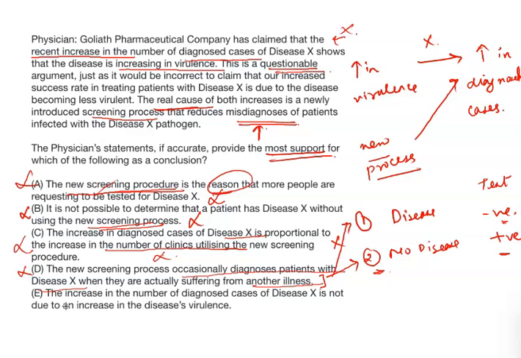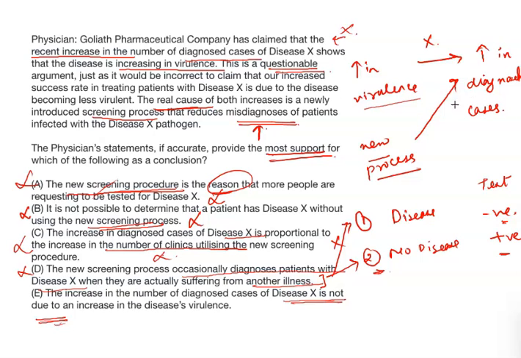Now look at E. E says, the increase in the number of diagnosed cases of disease X is not due to an increase in the disease's virulence. Now this is exactly what the author is telling us already in the passage. Just look at the small diagram that we had here. The pharmaceutical company says that increase in disease's virulence is leading to increase in number of diagnosed cases.